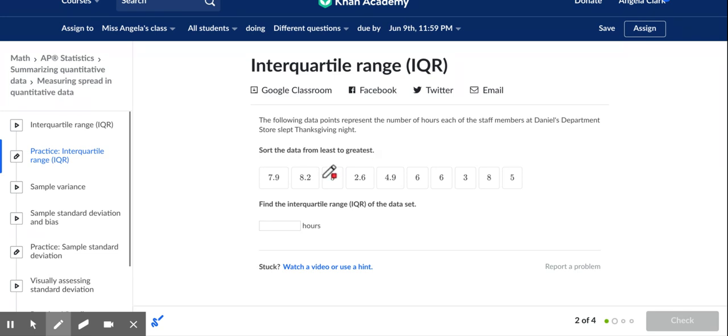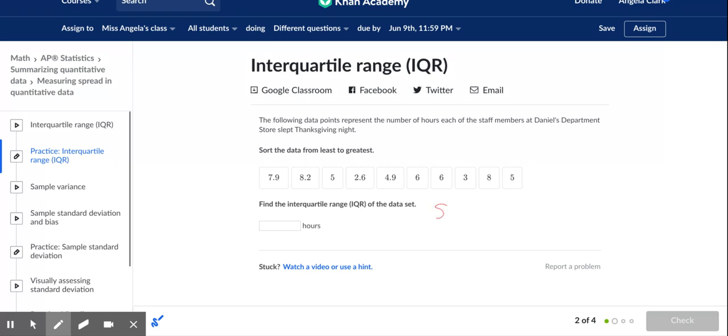We've had like a plot on a number line where we can see that everything is in order, but this is not in order. So we need to get it in order to find the medians. I should say the quartiles, right? So let's get it in order.